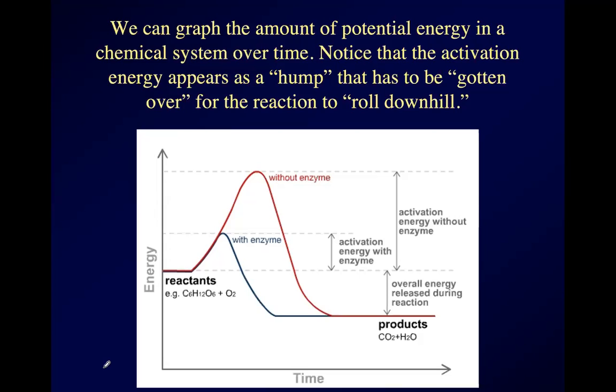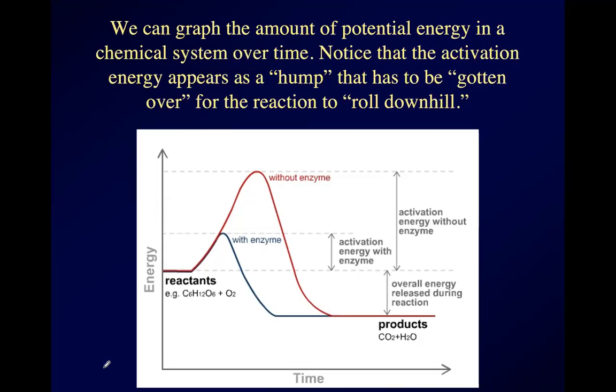But we usually find that to get a chemical reaction started, we have to give it a little energy to get it going. You could think of this, metaphorically, as being like a ball sitting at the top of a hill.